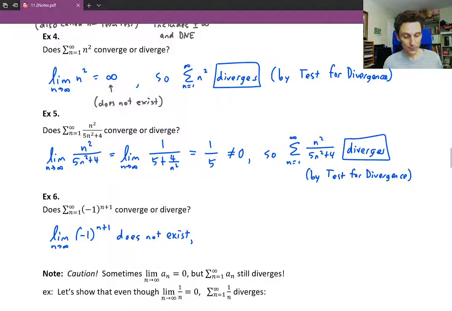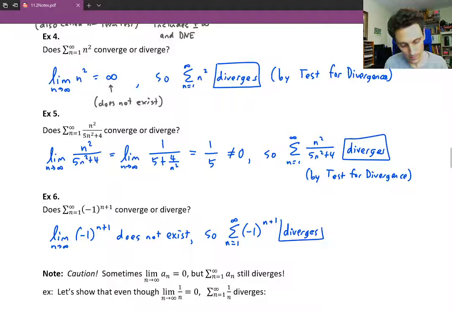We've looked at this limit before, and it does not exist. So the series diverges. If the terms don't go to 0, when you add them up, that series is going to diverge. Again, by the test for divergence.